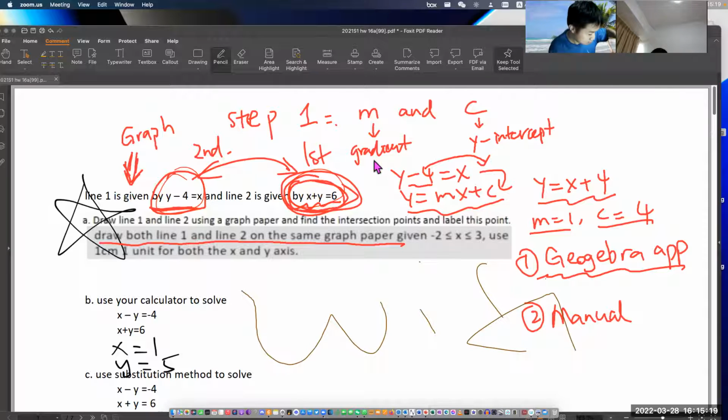Wi-Fi? Slow Wi-Fi. You mean the sending over of the thing is slow?